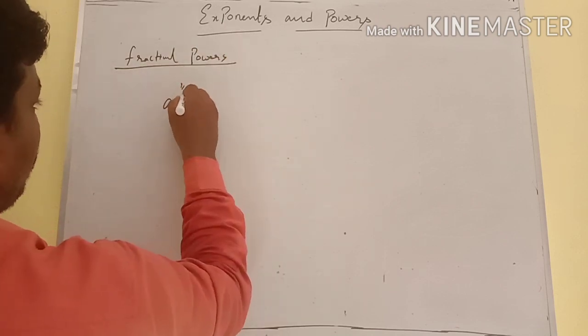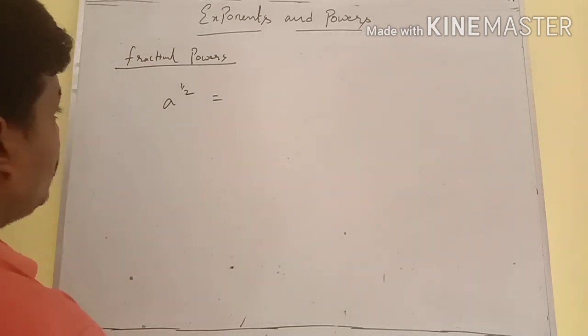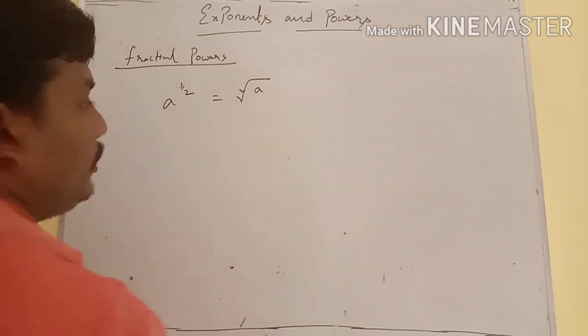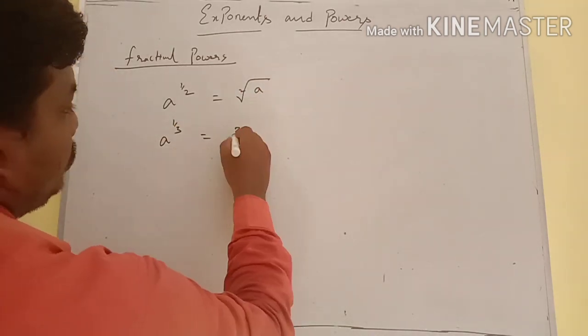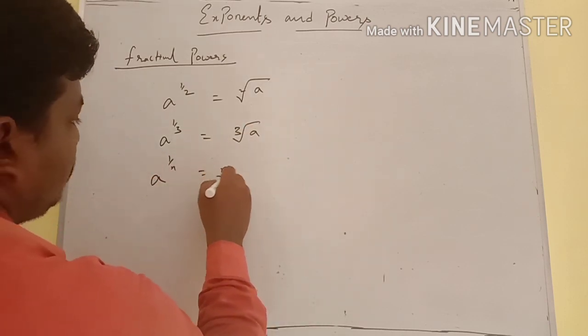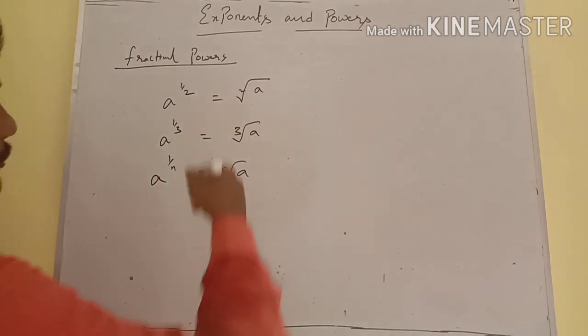A to the power of 1 by 2 becomes the square root of a. A to the power of 1 by 3 is the cube root of a. So a to the power of 1 by n can be written as the nth root of a. This is called fractional powers.